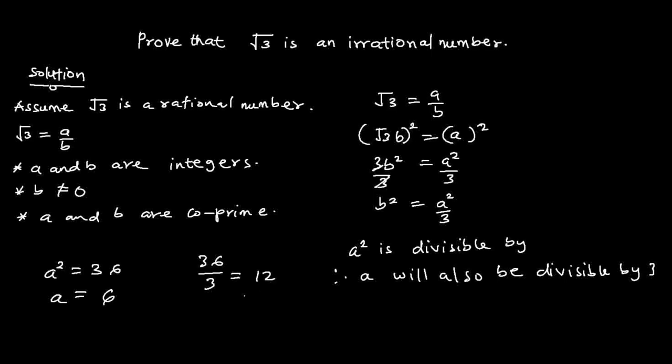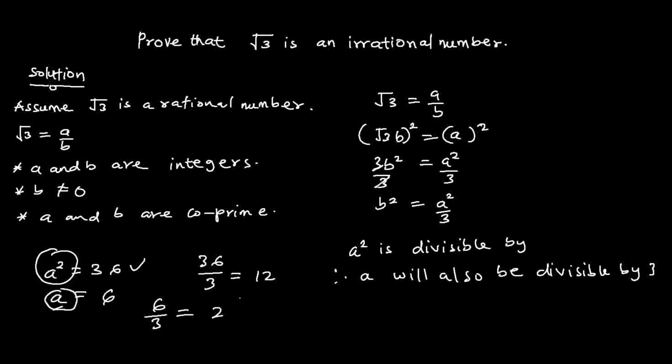So therefore we know that a squared is divisible by 3. Let's see if a is divisible by 3. So I have 6 divided by 3, and that gives me 2. So 6 is also divisible by 3. So you see that a squared was divisible by 3, and because of that, a was also divisible by 3.